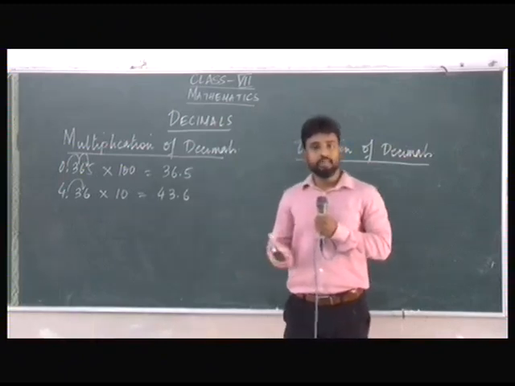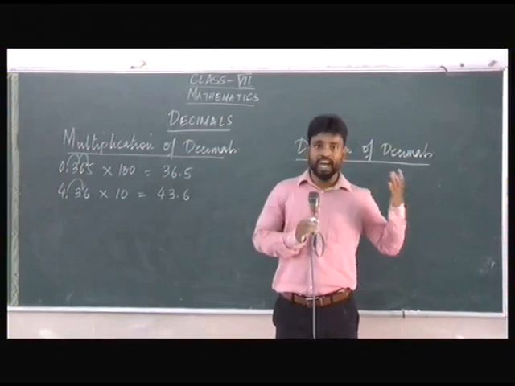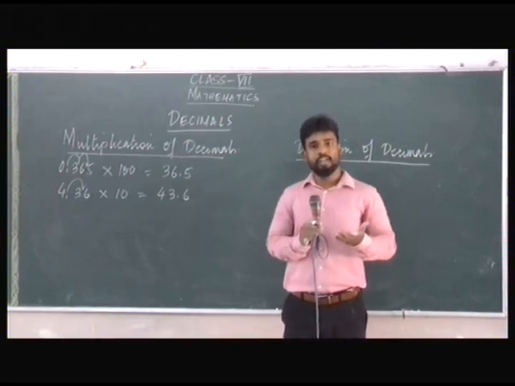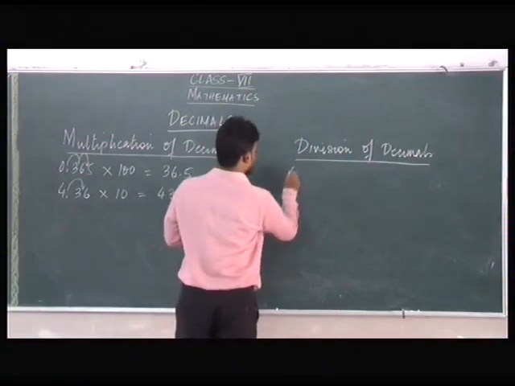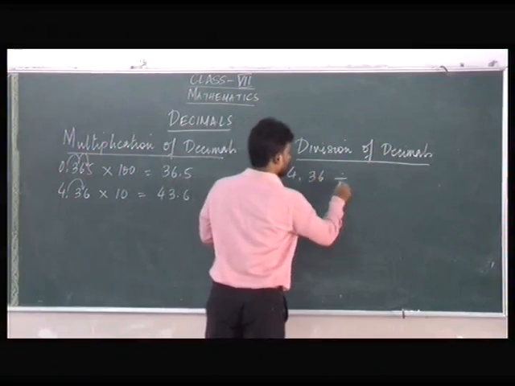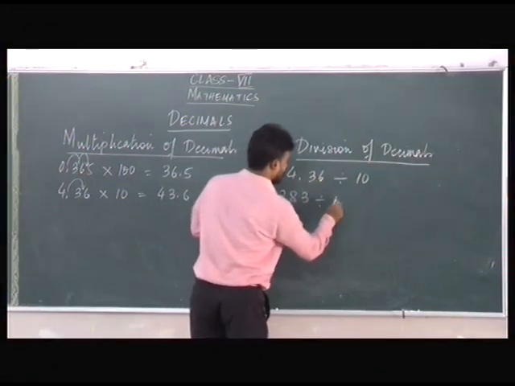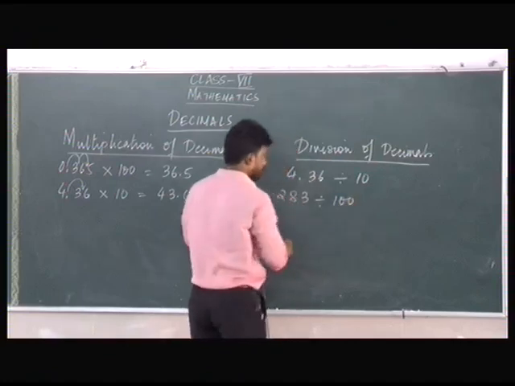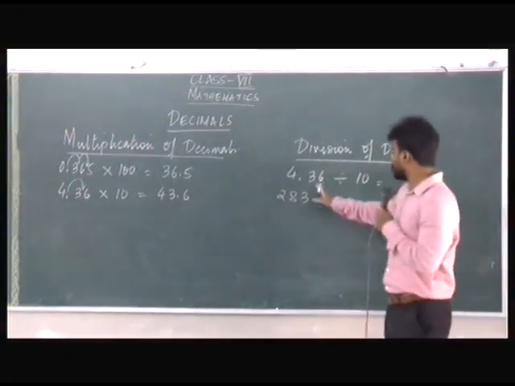You will shift the decimals, and here the decimal will shift to the left as many places as the number of zeros. For example, here we have 4.36 divided by 10.